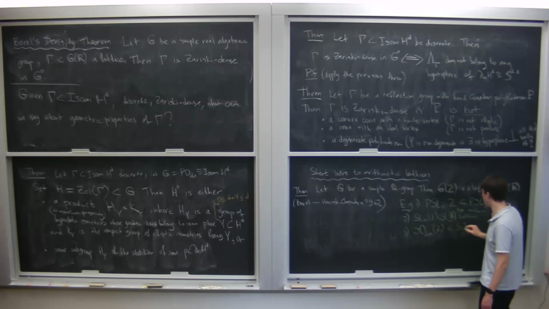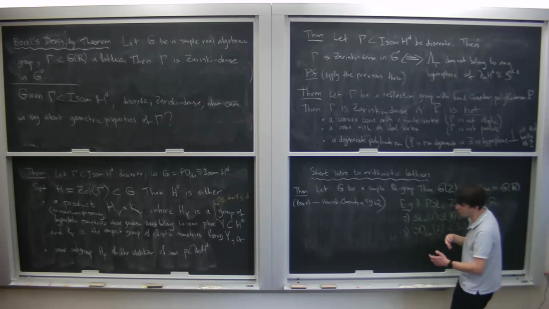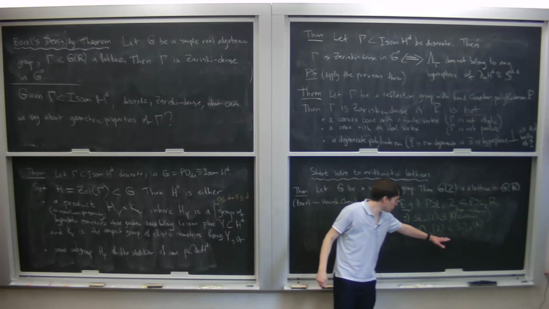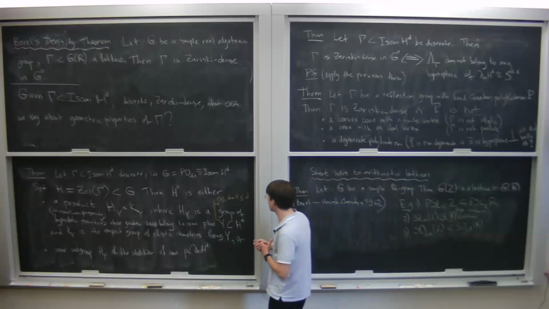It will also be a non-uniform lattice. So all these are non-uniform lattices. And this is going to be a hyperbolic non-uniform lattice. Up to finite index, it will act on H^d by isometries, and it will have a finite volume fundamental convex polyhedron.